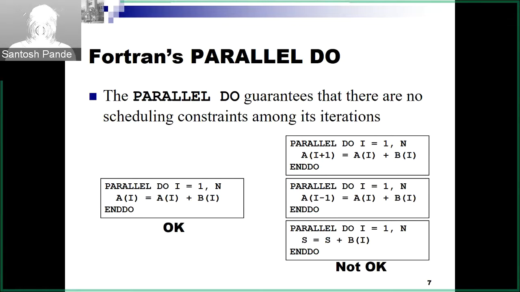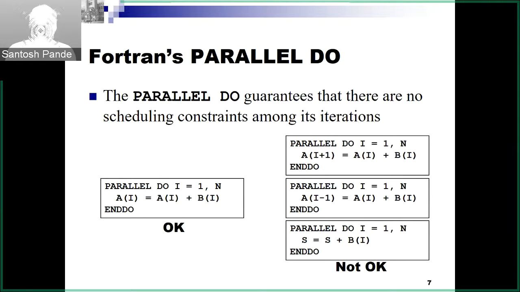Now, the last example: you can see that there is something else going on here. Again, consider two different iterations, I equal to 5 and I equal to 6. The problem here is the scalar s. Both of the iterations are doing reads and then writes, and they share the same variable s.